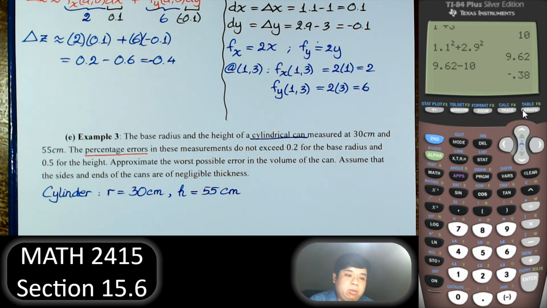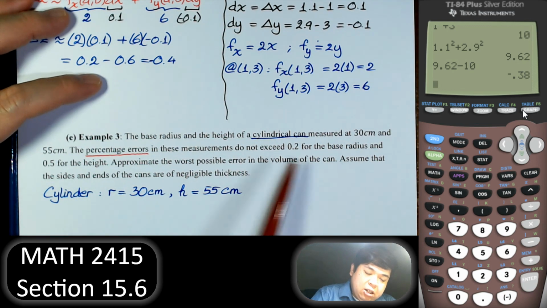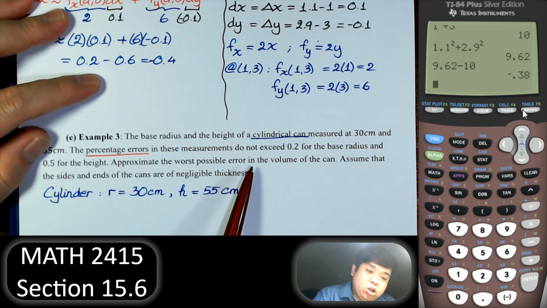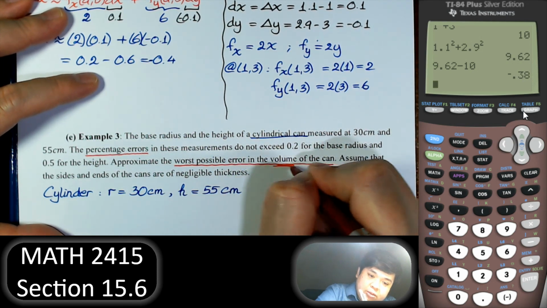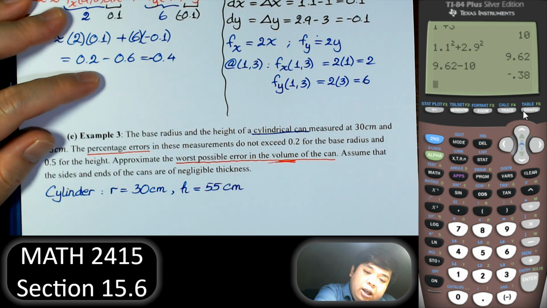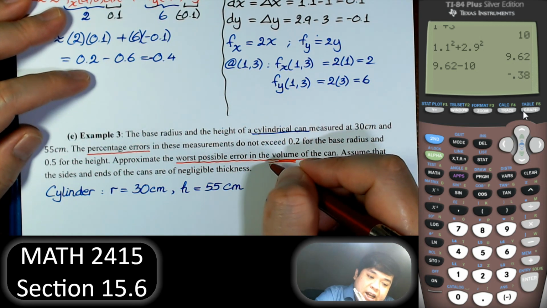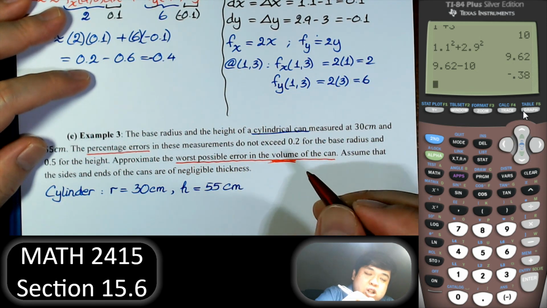Right. So, let's just read the problem. Approximate the worst possible error in the volume. Assume that the sides and the ends of the can are of negligible thickness.